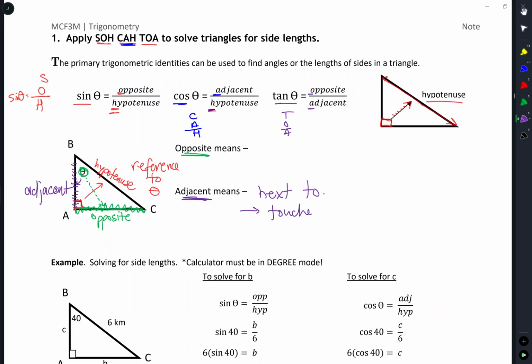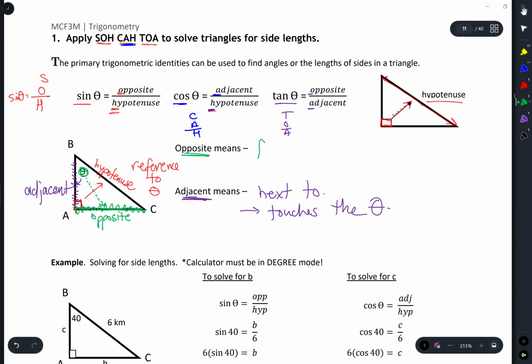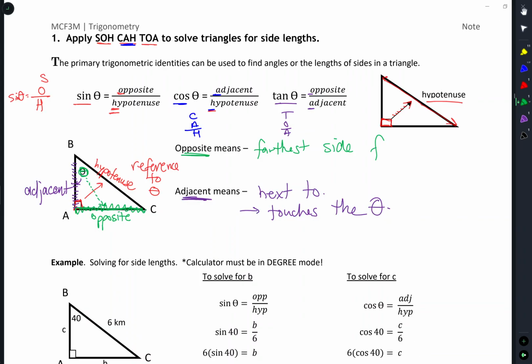It'll be the side that touches theta, the reference angle. Opposite means the farthest side from theta, or the angle that you care about. Opposite just means away from. So in any case, those are the names of the sides of the right triangle.